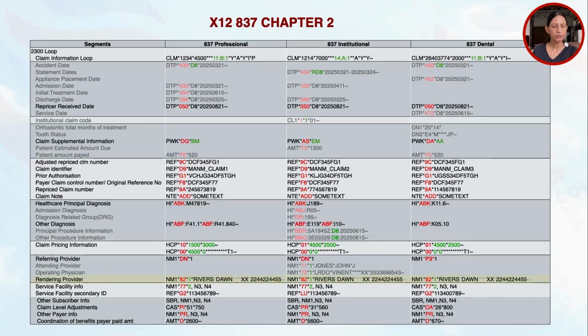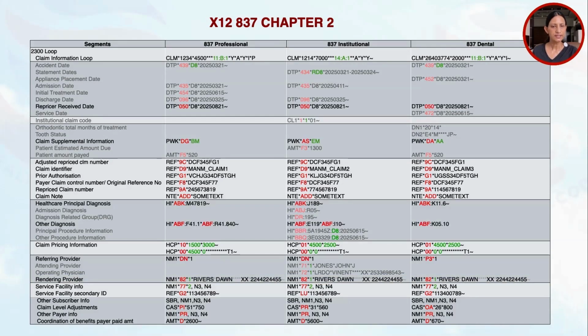The identifier code used for rendering provider in NM101 is 82. So wherever you see 82, you have to understand it's rendering provider information. XX in NM108, and the NPI value for that NPI identifier XX goes in NM109.